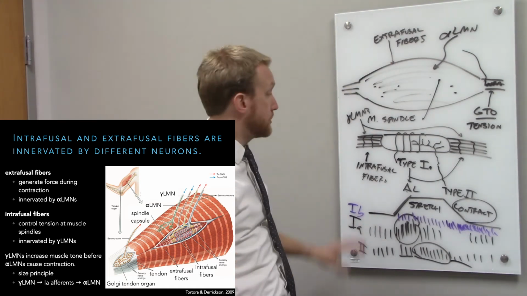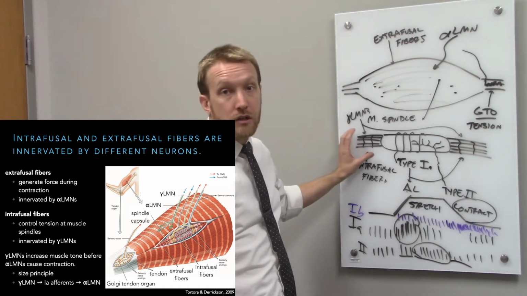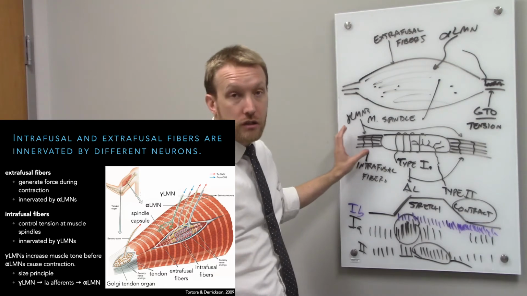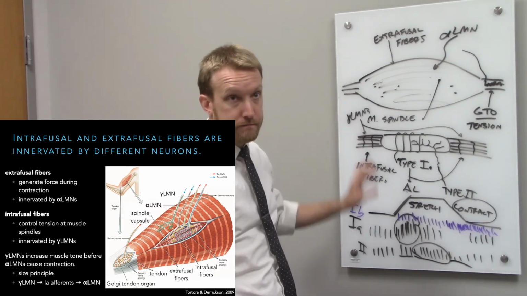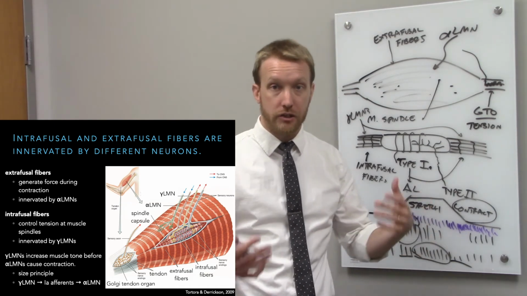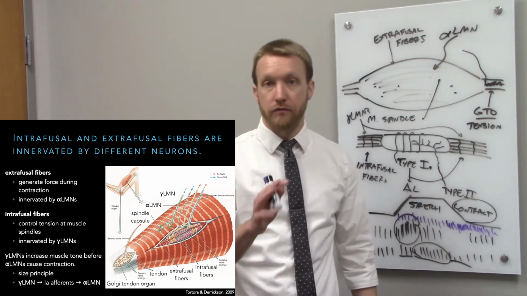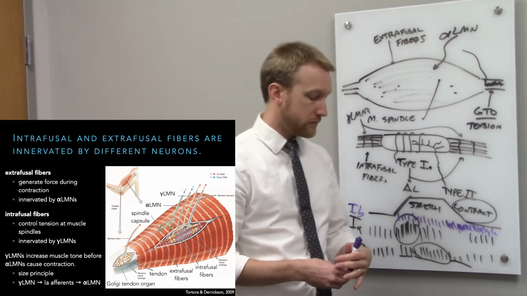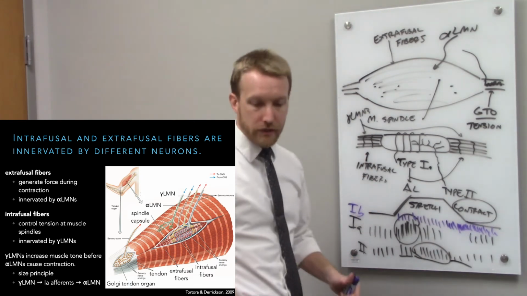The intrafusal fibers have to do with changing the length of the muscle, because there are reflexes built in to prevent changes in muscle length, involuntary changes in muscle length. So there's a bit of a reflex.